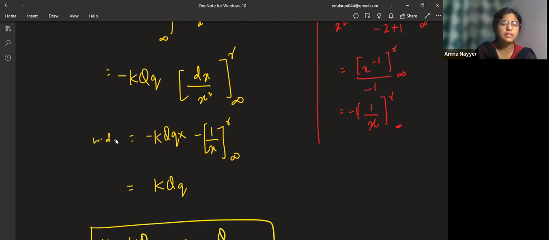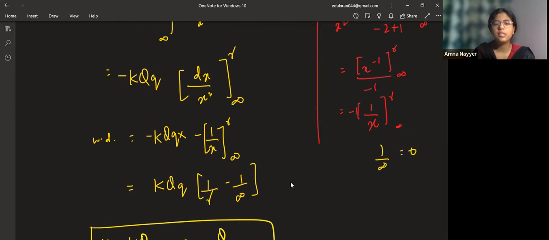We are calculating the work done. What is left from here? We have 1 by R minus 1 by infinity. See class, 1 by infinity is always 0. So you are left with K capital Q small q by R. This is the work done.